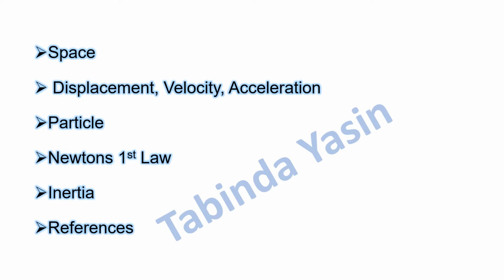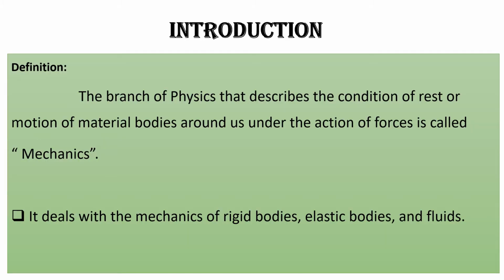Further, here you can see the definition of mechanics: the branch of physics that describes the condition of rest or motion of the material around us under the action of forces. It means that, as I have told before, if there is an external force present, then the object is said to be in motion.